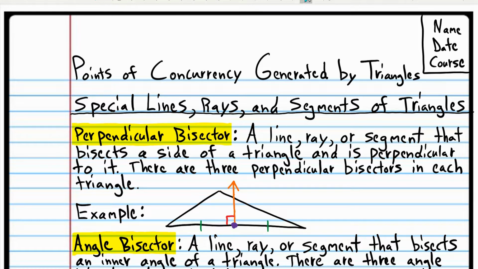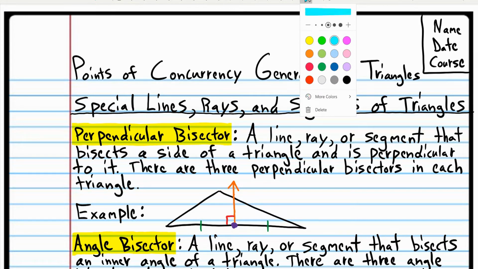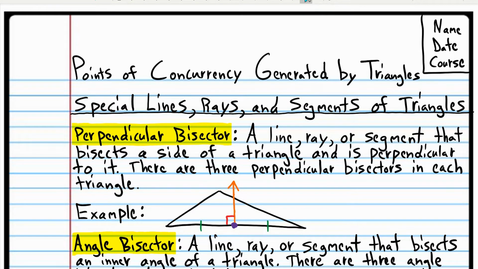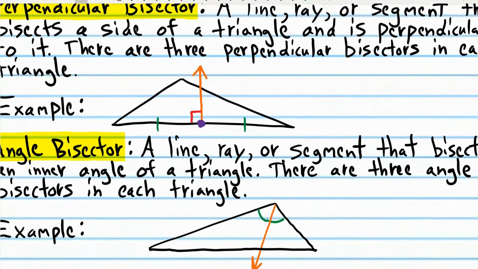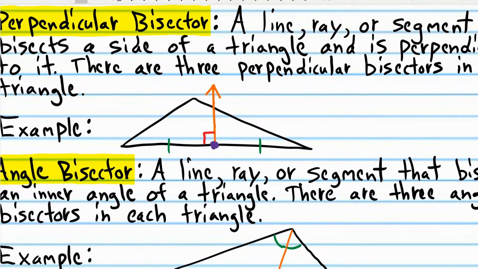We're going to start with something that is review for you, perpendicular bisectors. But we are going to apply perpendicular bisectors to triangles. If you consider the side of a triangle to be a segment, then each side of a triangle has a perpendicular bisector.